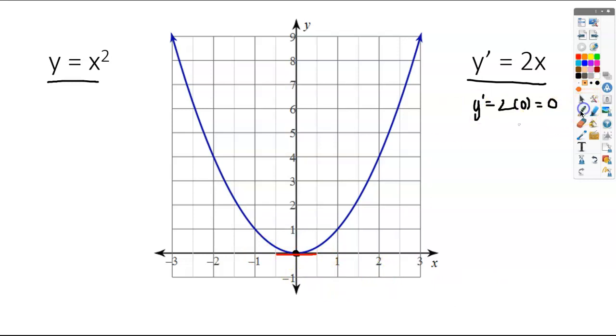Okay? Say I wanted to find the slope at x equals 1. At x equals 1, I would get a slope of 2. So here's the point where x equals 1. And I would have a slope of 2, so that'd be over 1, up 2.